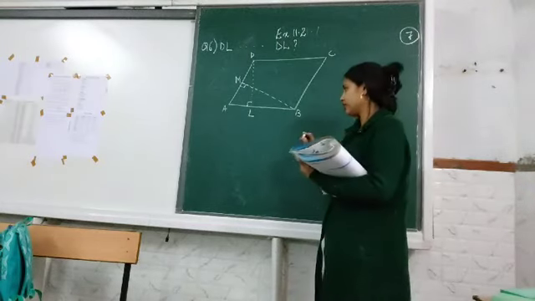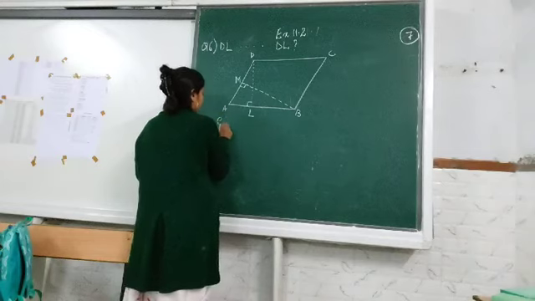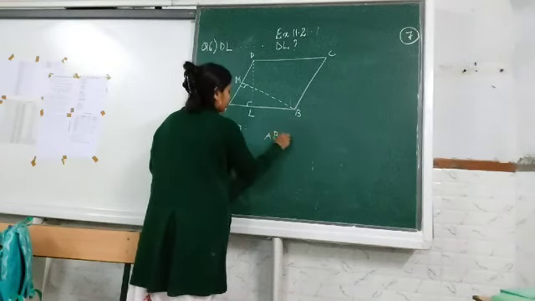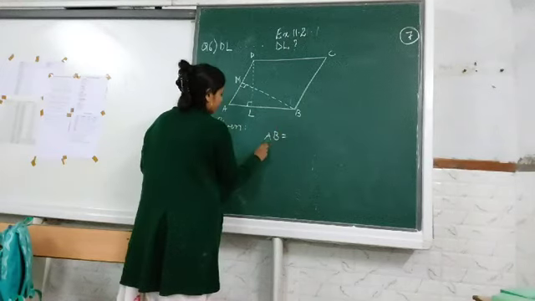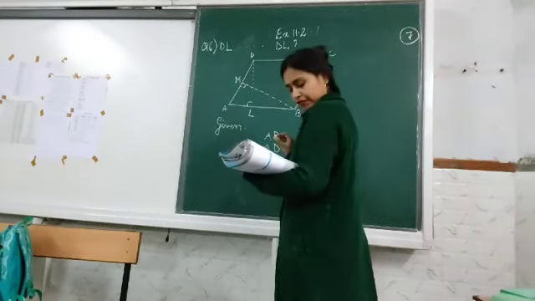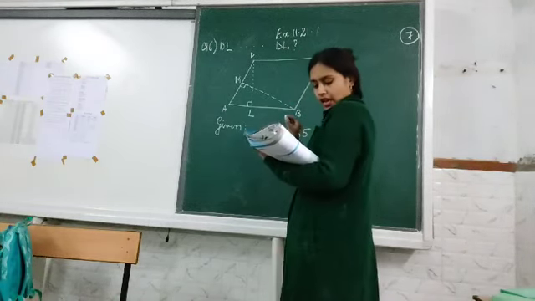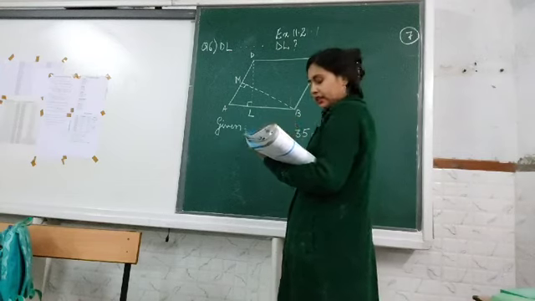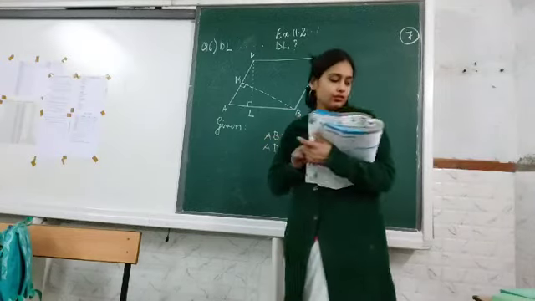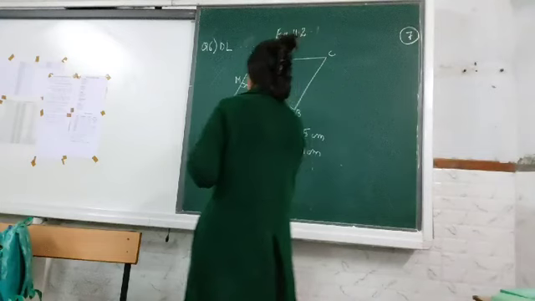Okay, so let's start. What is given, that we write first. The two lengths are given. So you can write here, given: AB is equal to 35 centimeters children, and AD is 49 centimeters. Also area is given.